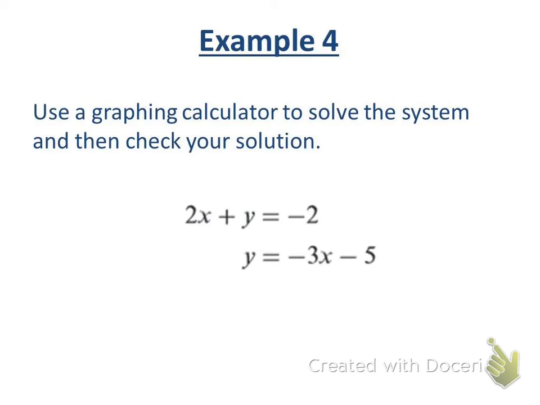So again, first thing we have to do is put each line into slope-intercept form. The first one's going to be y equals negative 2x minus 2. The second equation is y equals negative 3x minus 5.